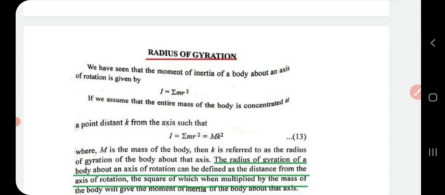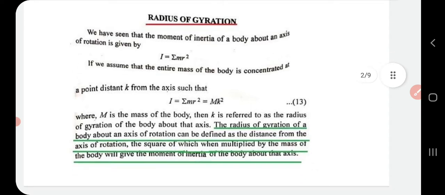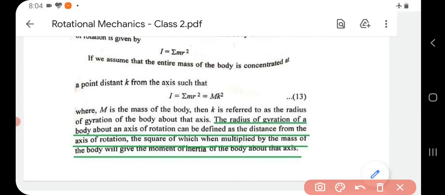Now, if you assume that the entire mass of the body is concentrated at a point at a distance k from the axis, then the moment of inertia can be written as I equal to M k square. That is, sigma m is replaced with the capital M and r square is replaced with k square, where M is the mass of the body, k is the radius of gyration of the body about the axis.